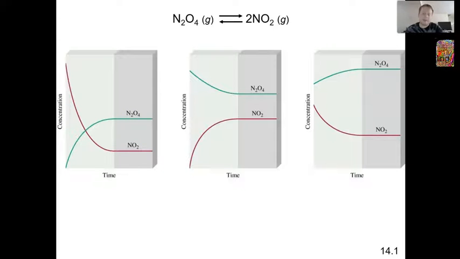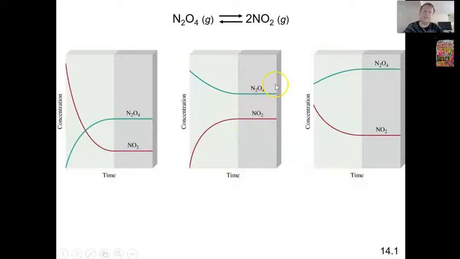It's remaining constant. Over here, we're actually seeing the opposite occurring, where we initially have a ton of N2O4 and not really any NO2. And then as time goes on, we're seeing them both transform into each other until eventually we reach a flat line for both.